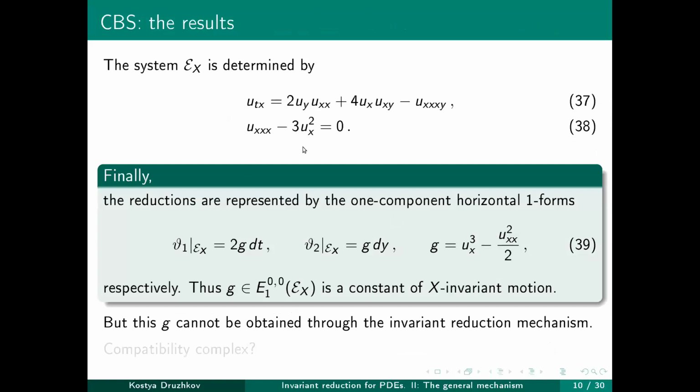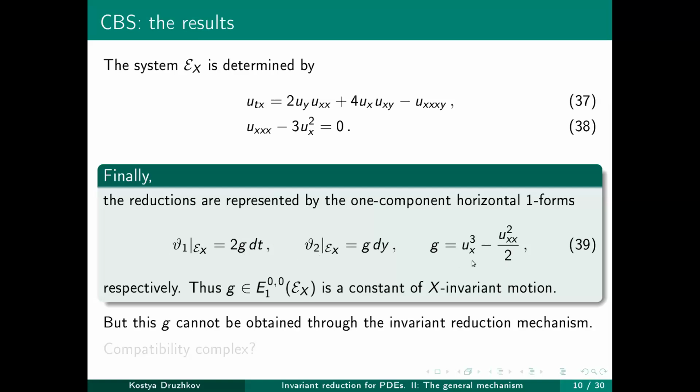And the main result is that the reductions of the 2 conservation laws are represented by a 1-component horizontal one-form. So they become not 2-component, but even 1-component horizontal one-forms after the restriction, theta 1 and theta 2 restricted. And both of them have the form g multiplied by something, and g is this function.